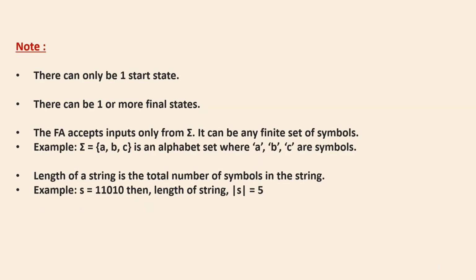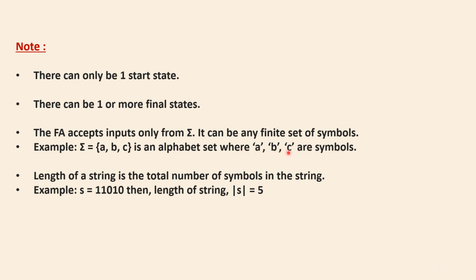Some key points to remember are: there can only be one start state, and there can be one or more final states. The finite automata accepts inputs only from the alphabet. For example, this is our alphabet where we have A, B, C to be the symbols.